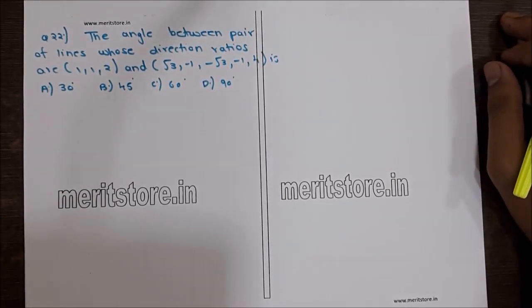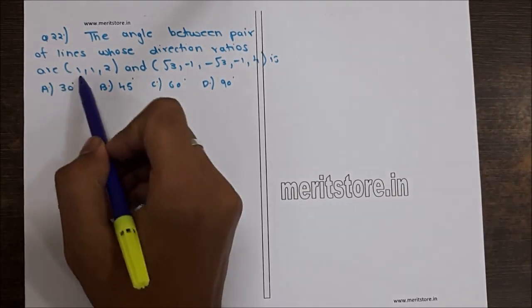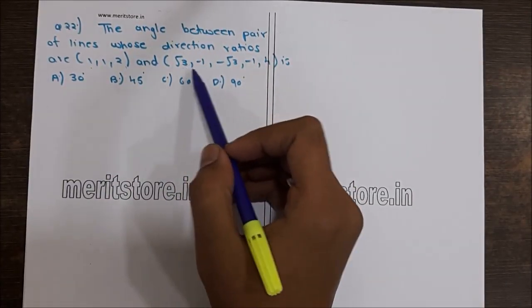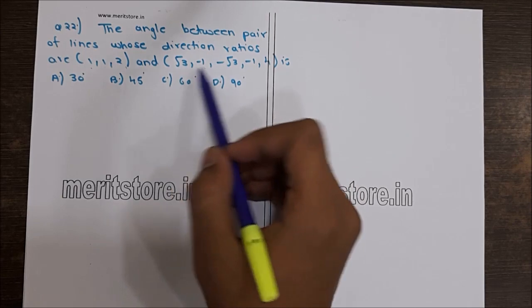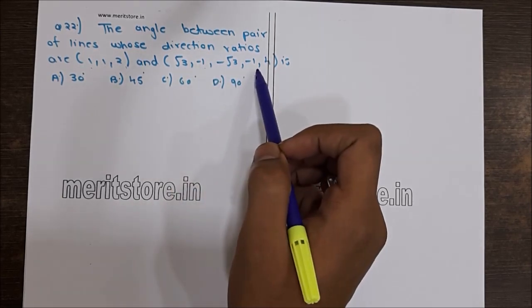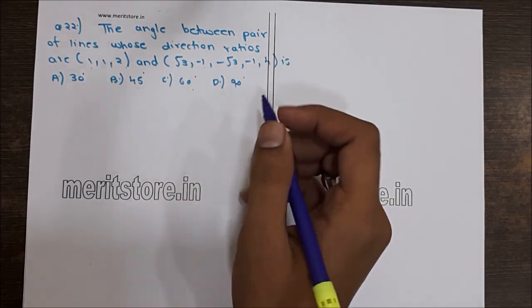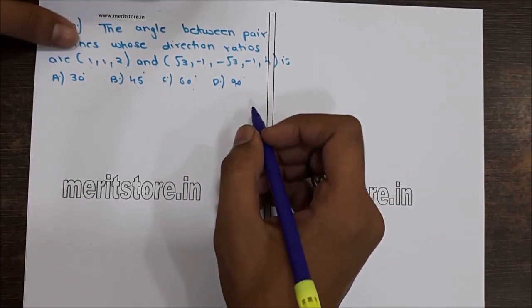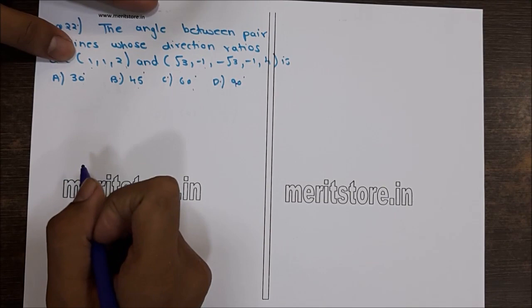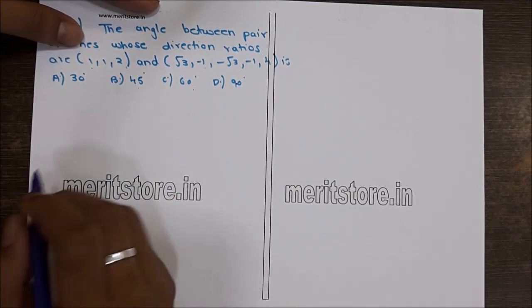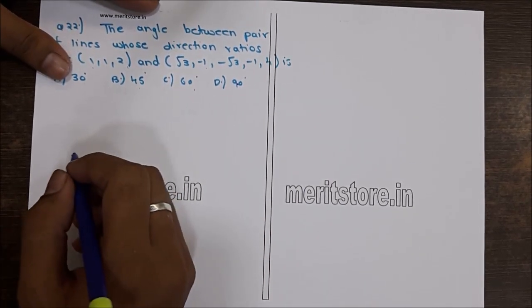Question number 22. The angle between pair of lines whose direction ratios are 1, 1, 2, minus 1, root 3, minus root 3, 1 and 4 is 30 degrees, 45 degrees, 60 degrees or 90 degrees. So let theta be the angle between these lines.